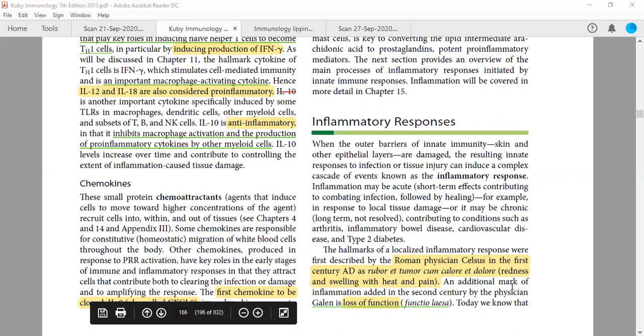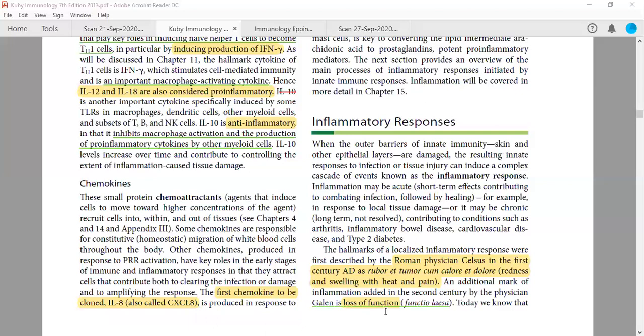An additional mark of inflammation was added in the 2nd century by the physician called Galen. So Galen added one more sign to these inflammatory signs, which is known as loss of function. So sometimes if there is an inflammation, there may be a loss of function in that particular area, right?